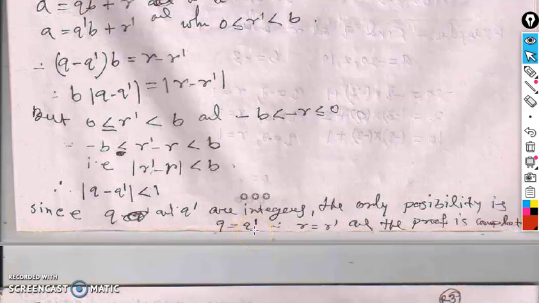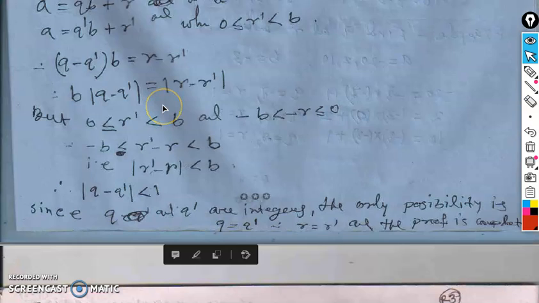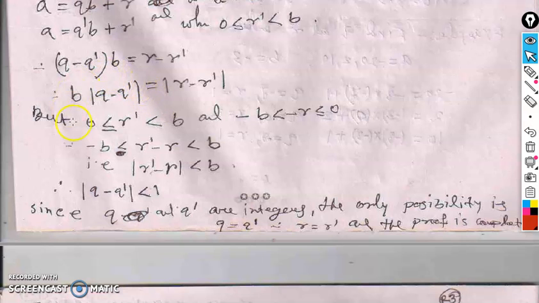If q equals q dash, that's very important, then if we put this value of q minus q dash here, the left hand side of |r minus r dash| should be 0. If the left hand side is equal to 0 and r and r dash are both integers, in that case the result should be r equals r dash.